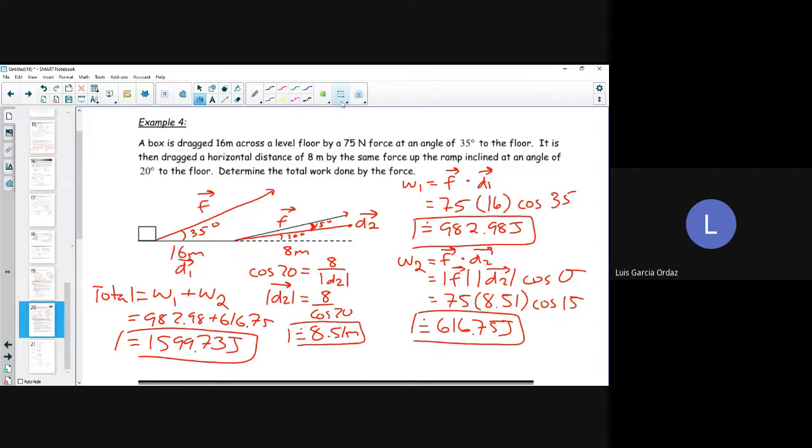And the reason why I'm using cos of 15 is because I'm walking up this ramp right here, and my force vector is already up here. So it's acting at an angle of 15 degrees, which is why I use cos 15 and not cos of 20.